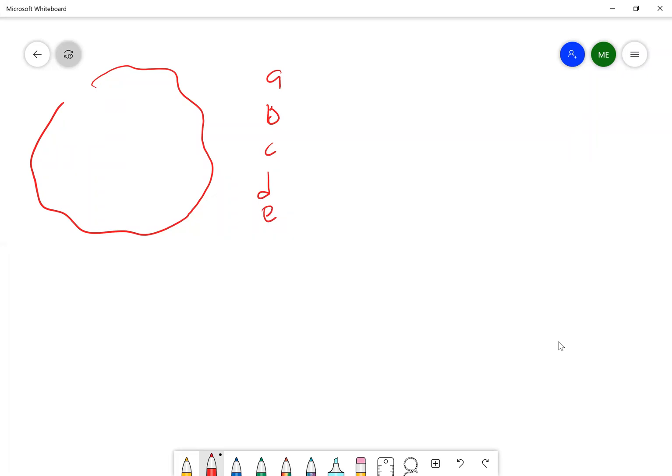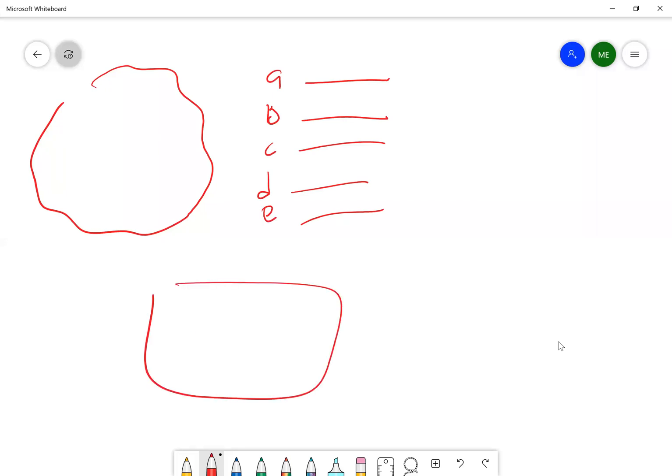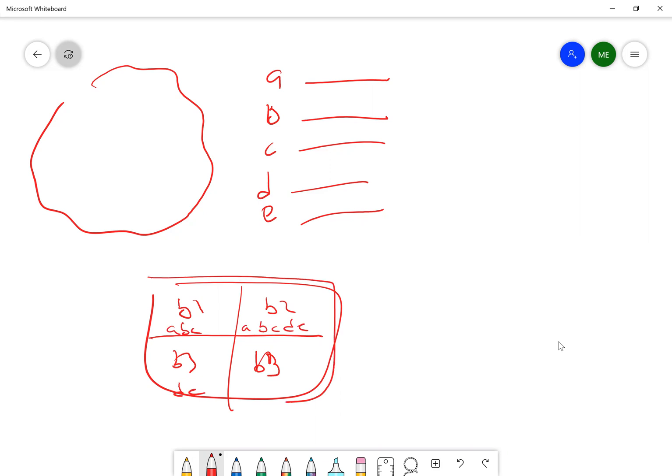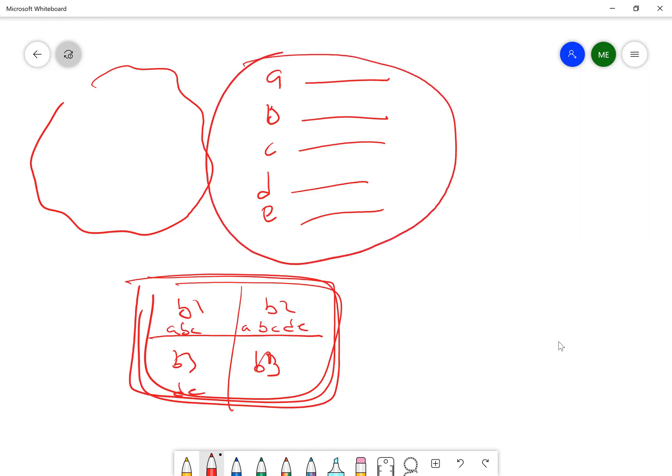I look at my system and I say, well, I got A, B, C, D, and E. And A could be a certain range of values, B could be a certain range of values, C, D, and E. And I wanna be able to put them into certain blocks, and those blocks will have A, B, C, D, and E. Maybe just A, B, C. This one has maybe A, B, C. This one has just D and E. But anyways, together, they should cover the entire input space and be pairwise disjoint and also complete.